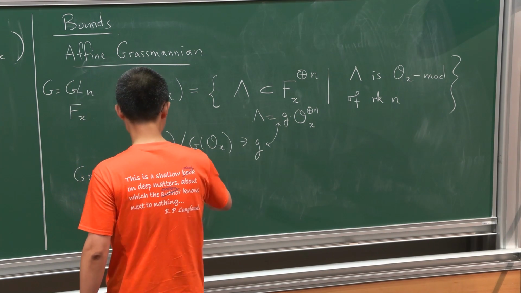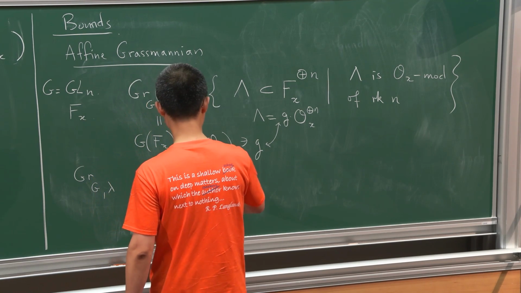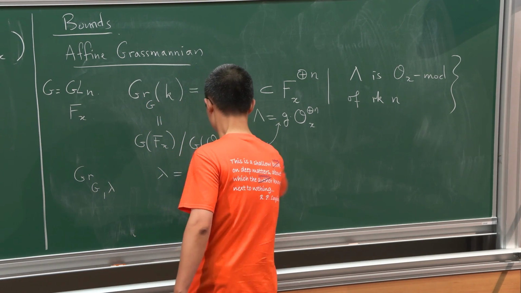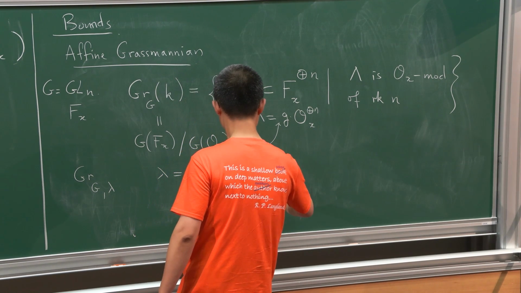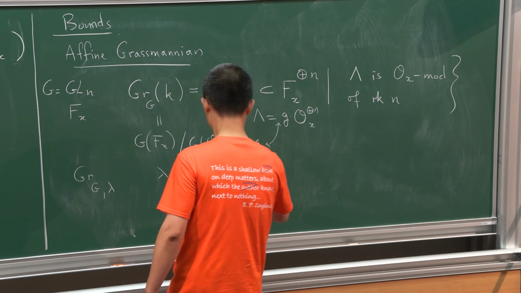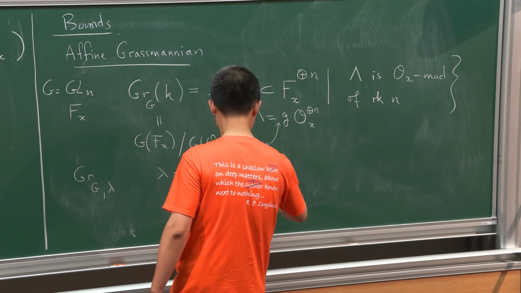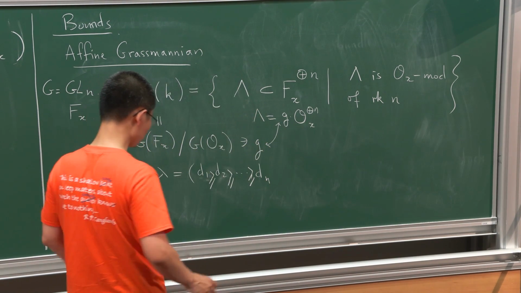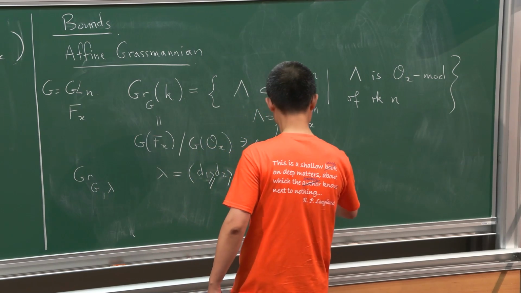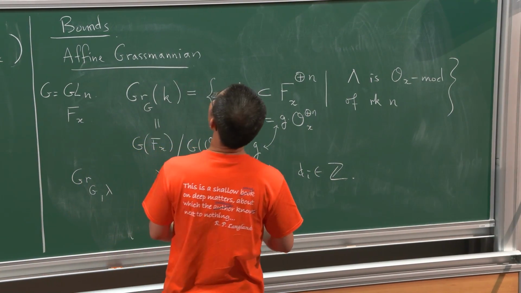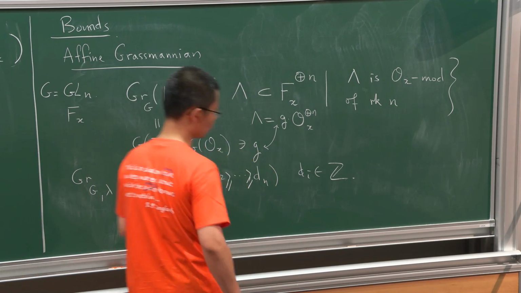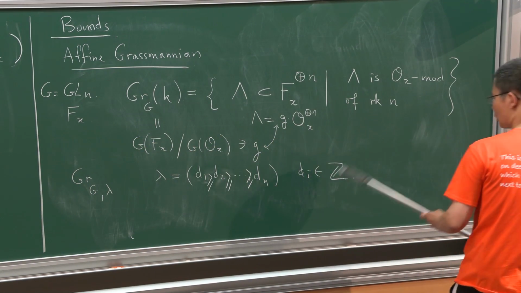So lambda is a tuple d1 through dn, a decreasing sequence of integers. And it's easier to define the case where all of them are non-negative.